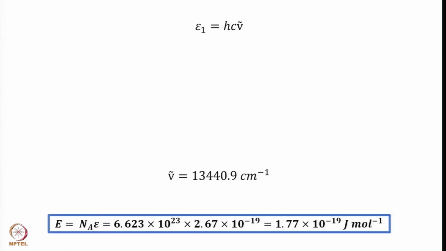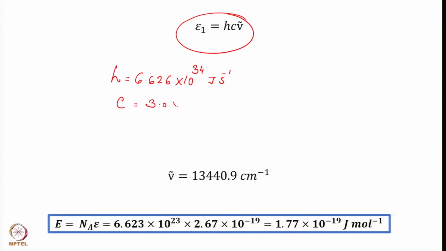How to get it in terms of centimeter inverse? You simply use E1 is equal to h c nu bar, where h is equal to 6.626 into 10 raised to the power minus 34 joule second, c is equal to, we usually take, 3.0 into 10 raised to the power 10 centimeter per second, and nu bar in centimeter inverse is given.